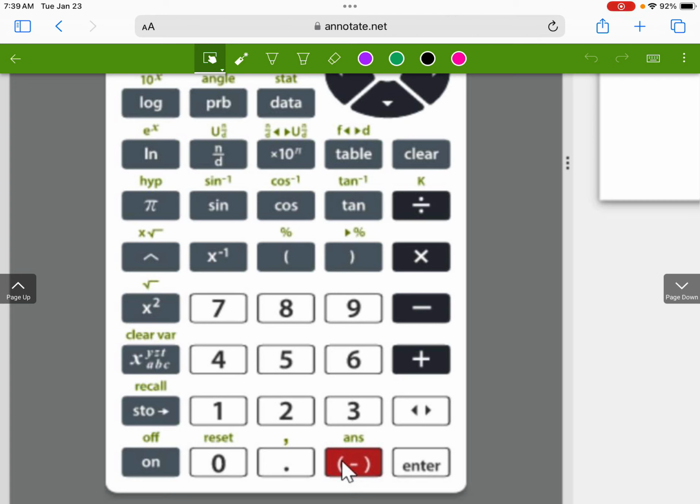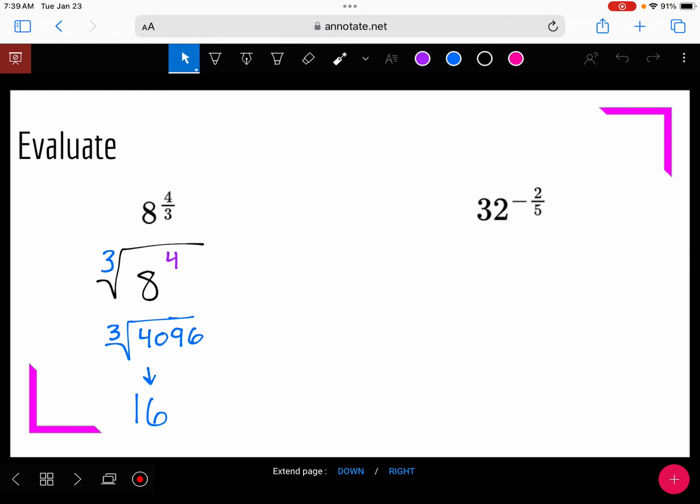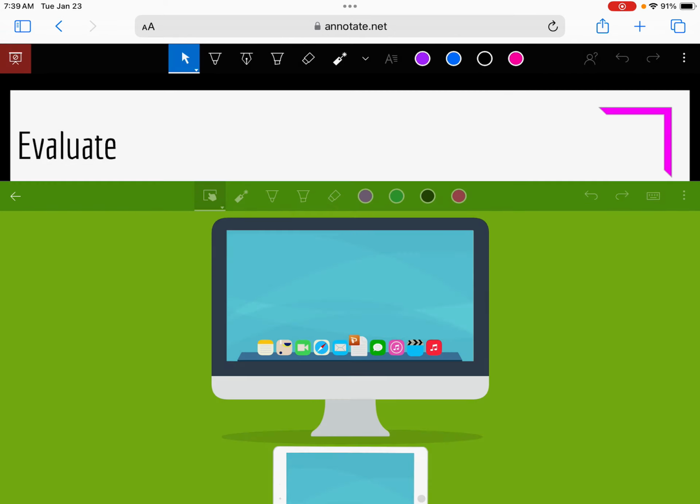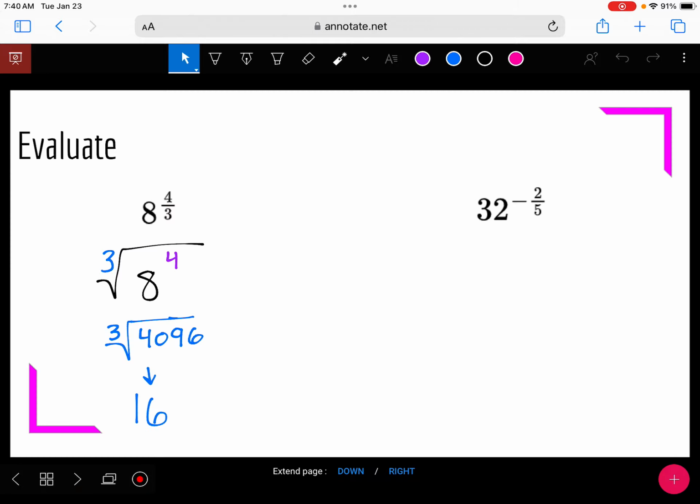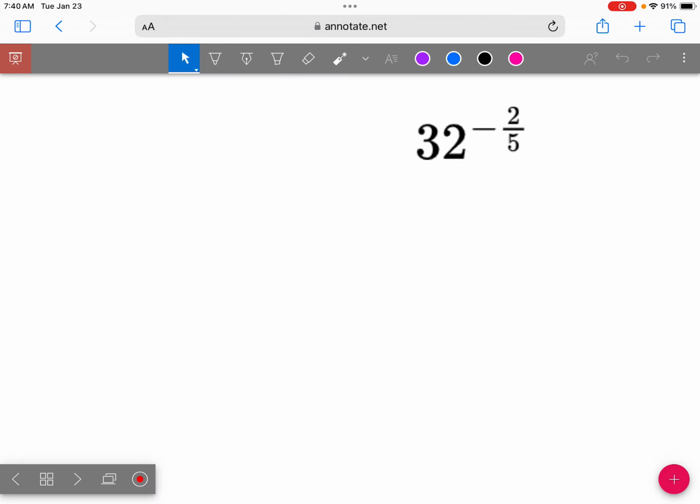In a calculator, minus and negative are not the same thing. And it was 2/5. Okay. Double checking. Yes. It even simplifies it for you. We get 1/4. So when it's just a number, the calculators can do a whole lot of stuff.